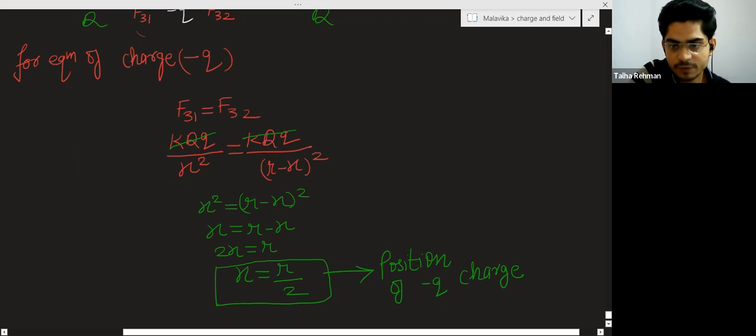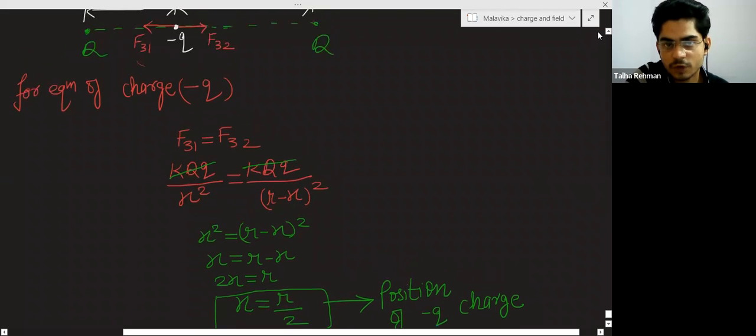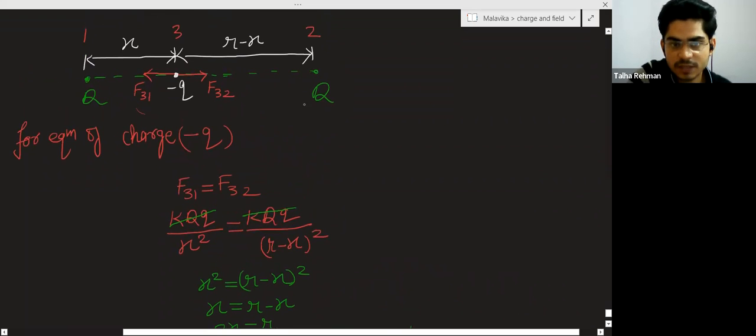And now we will find the magnitude of charge. So for finding the magnitude of charge, what we will do, this charge is also in equilibrium. Means you can say all three charges are in equilibrium.